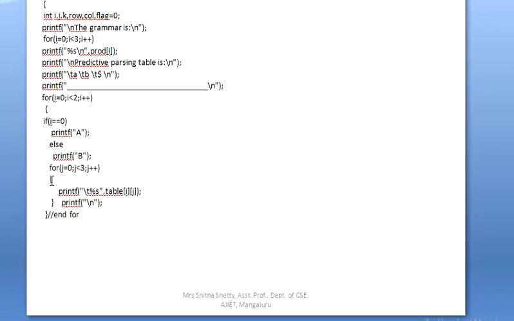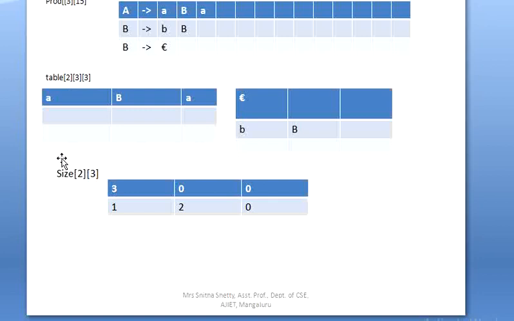Now for j equal to 0, 0 is less than 3. So print the data in table ij. Table ij means i is 0, j is 0, so table 0, 0. It will print the data from table 0, 0. Next we'll print the data 0, 1. Next we'll print the data 0, 2. That means it is printing A, B, A.